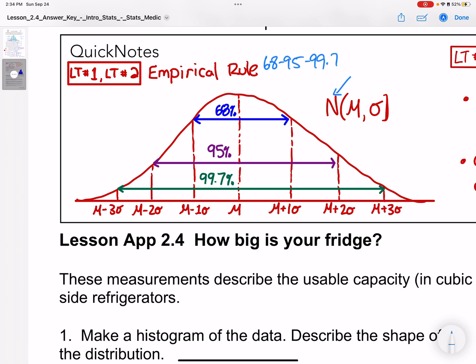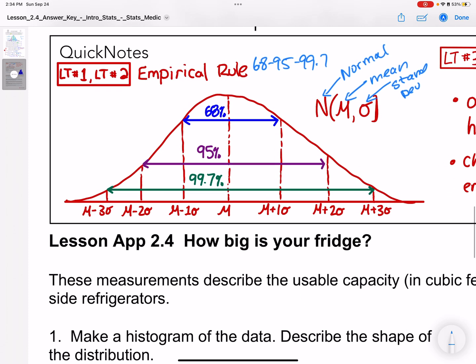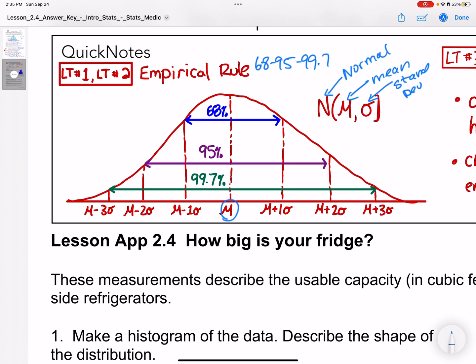This little thing means normal. The first number is my mean, and the second number is my standard deviation. And these are just symbols that mean mean and standard deviation. And the labels are down here where this is my mean, and I go up 1 standard deviation, 2 standard deviations, 3, and then subtract 1, 2, and 3 standard deviations from the mean on the left side. 3 standard deviations almost contain the entire normal model.